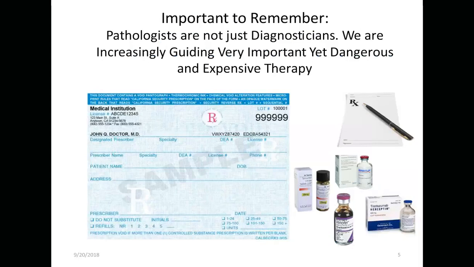We have to remember that anatomic pathologists are not just microscopists or diagnosticians. They are fully trained physicians, they are medical consultants, and they are part of the care team.